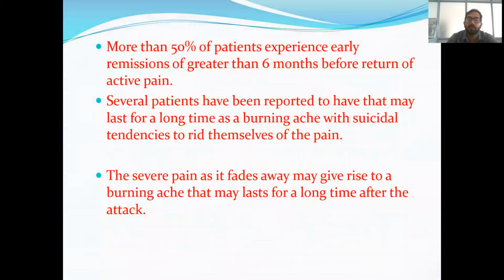More than 50% of patients experience early remission greater than 6 months before the return of active pain. Several patients report a burning ache, with a suicidal tendency to rid themselves of the pain. The severe pain, as it fades away, may give rise to a burning ache that may last for a long time after an attack.